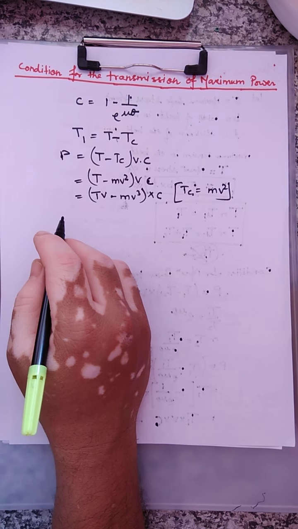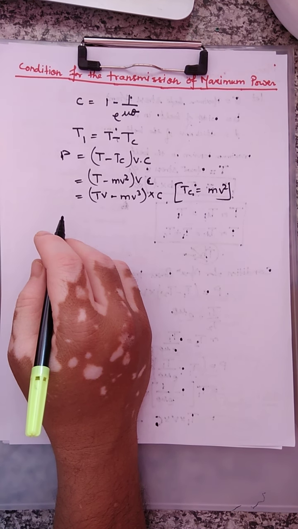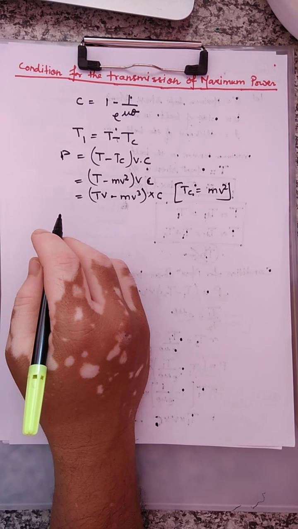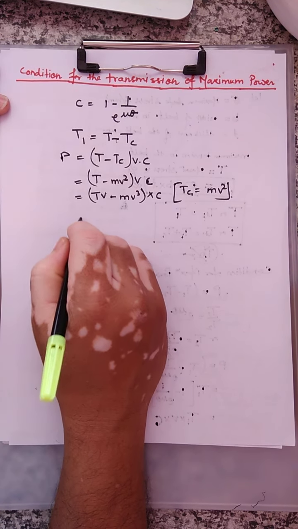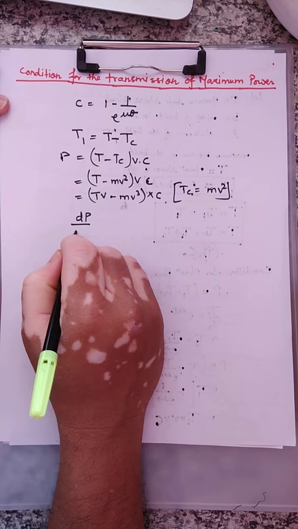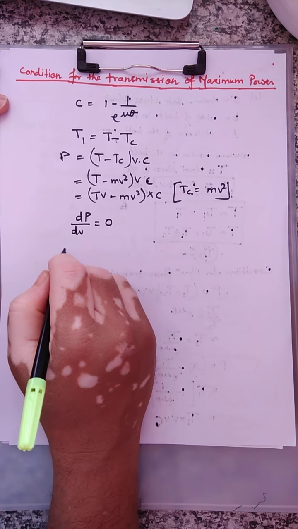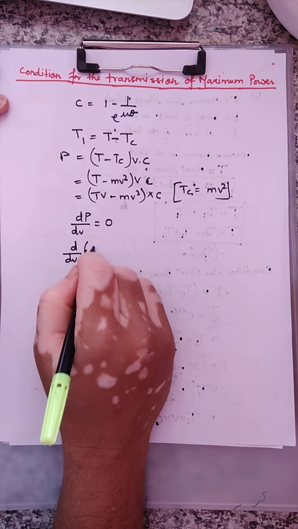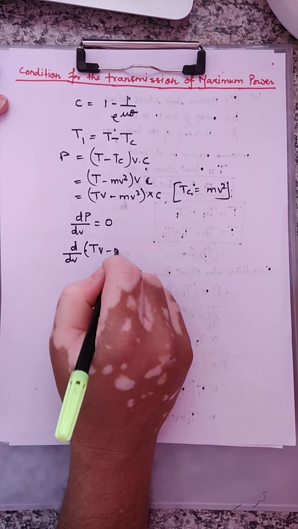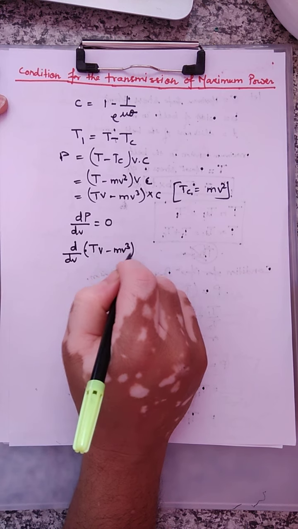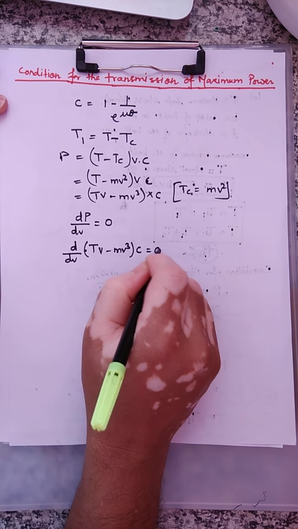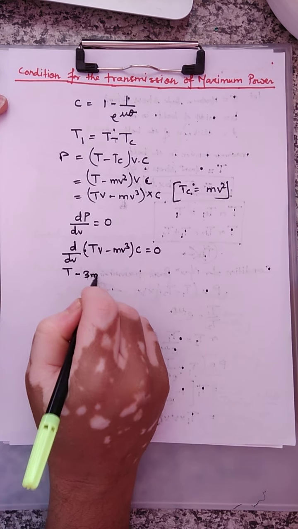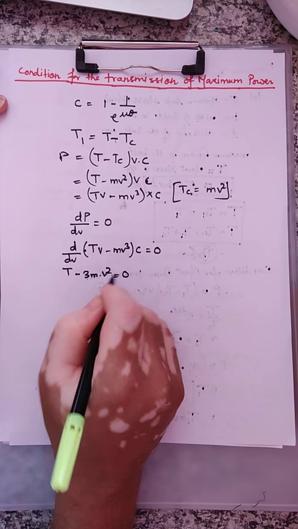Now when we differentiate the above expression with respect to V and equate it to 0, then dP by dV is equal to 0, or d by dV of (TV minus mv cube) into C is equal to 0. Then T minus 3m V square is equal to 0.